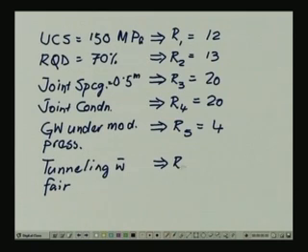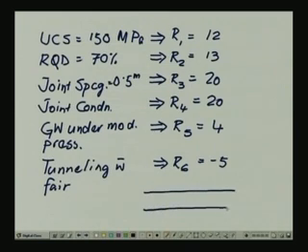So that gives us an R6 of -5. Then we add all these numbers and we calculate the RMR of 64, and again you look at the relevant table in your previous lesson's notes, and you will see that this value of rock mass rating will give us a classification.